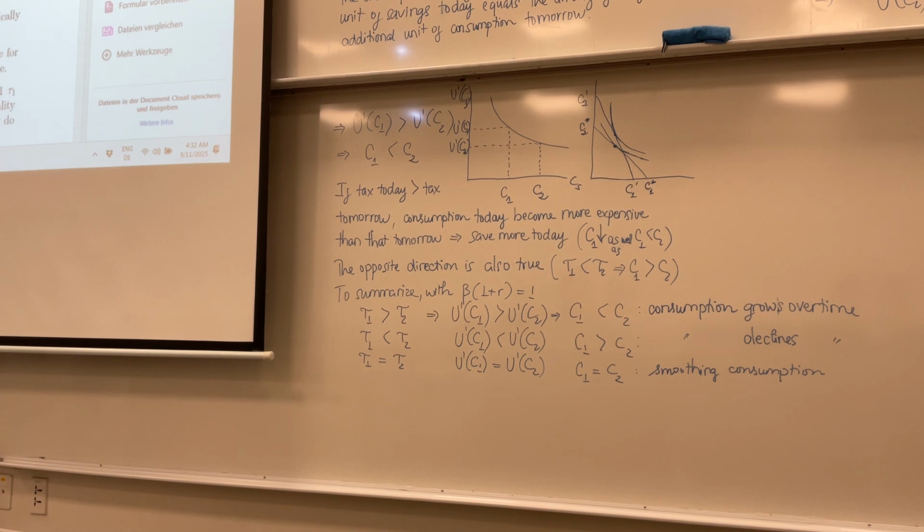Same setup with the utility function, this kind of utility like in the lecture. And the only thing now that's different in terms of the budgets is that we have an income tax. For each unit of something should be a consumption tax. Not an income tax, a tax for each unit of consumption.